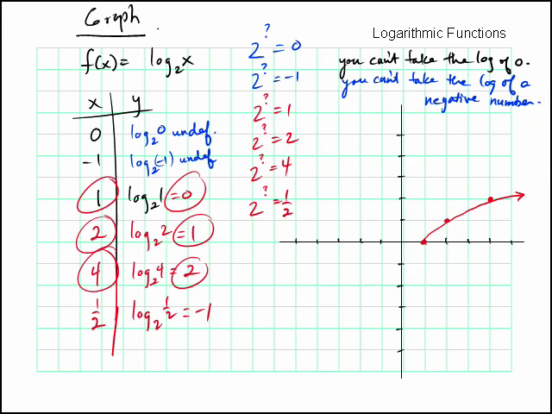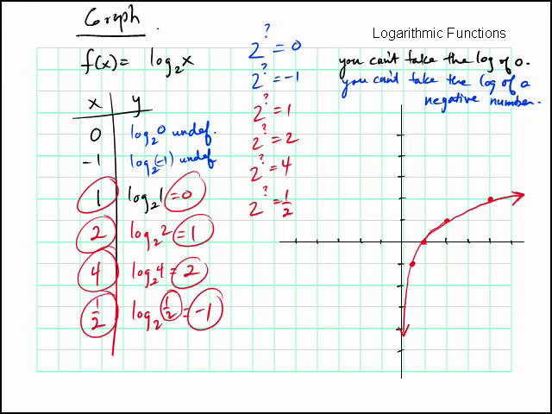So a logarithm can equal a negative number, but you just can't take the log of a negative number. You can't have a negative number in here. So this is the ordered pair 1/2, negative 1, which is right about there. And what logarithm curves do is they curve downward, they follow the y-axis, but they never hit it or actually cross over it. They always stay on the right side.